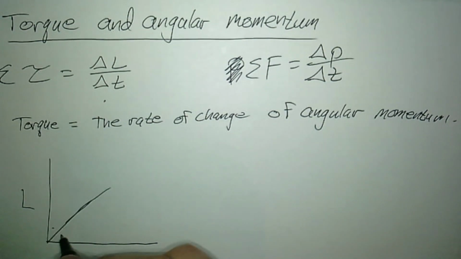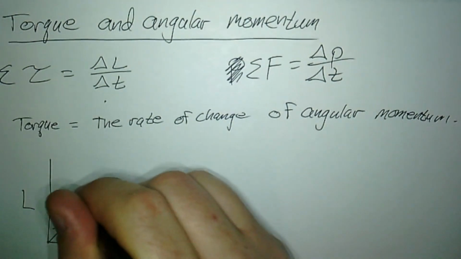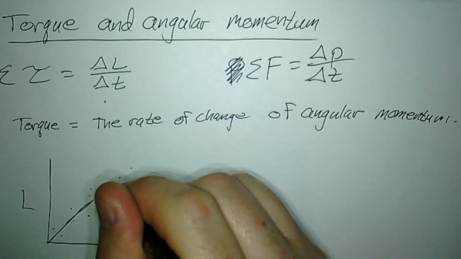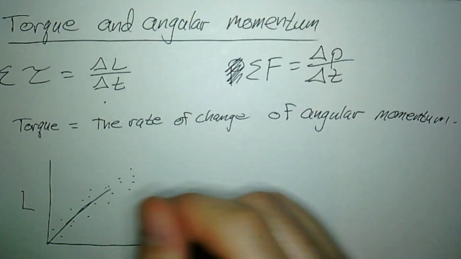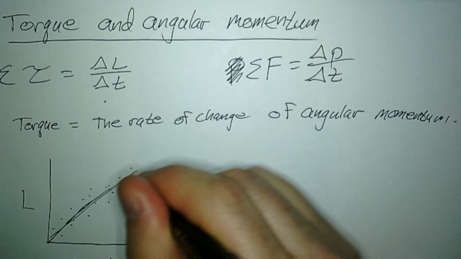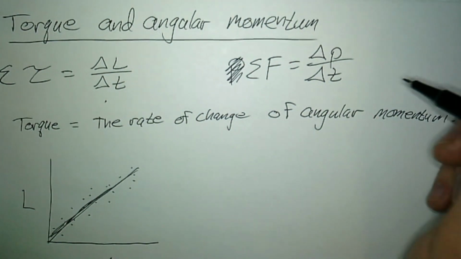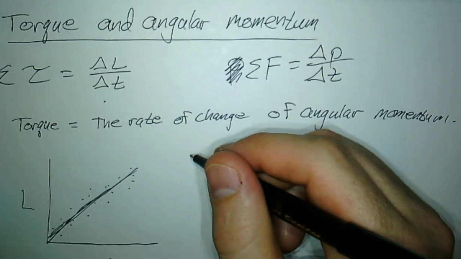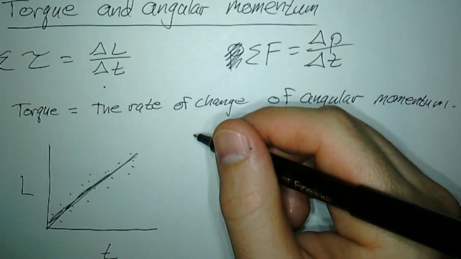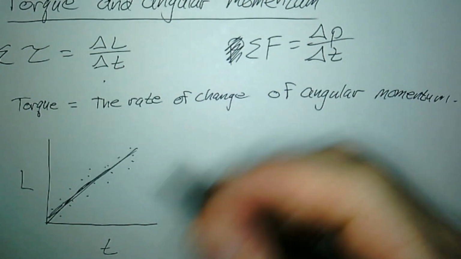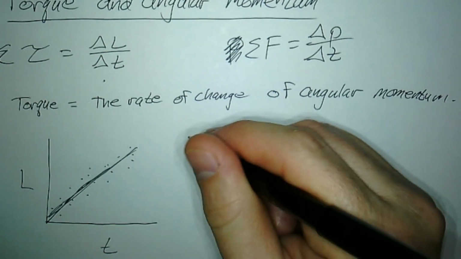Usually it's got some data points, and this is a fit line. So it'll look kind of like that. They give you a best fit line. And they ask the question, what is the torque on the system?